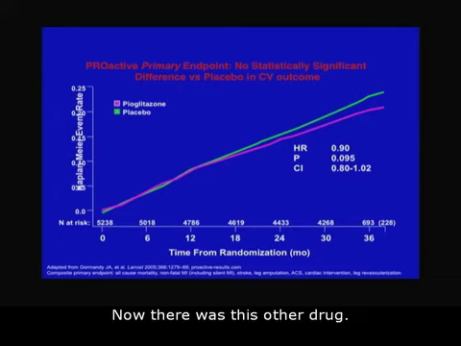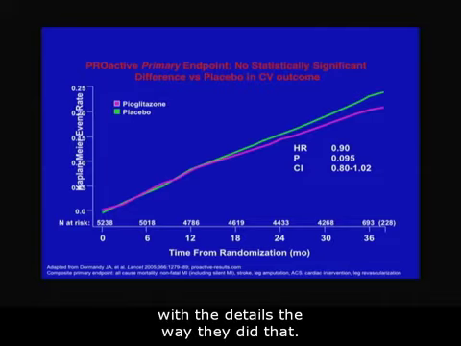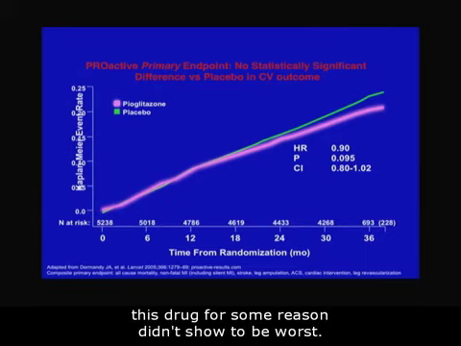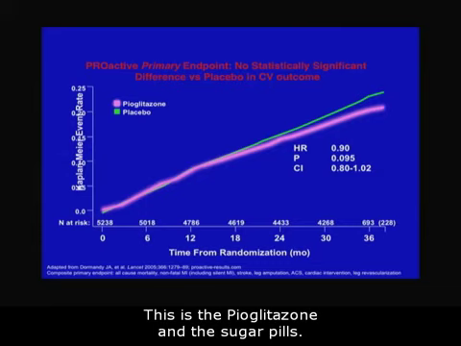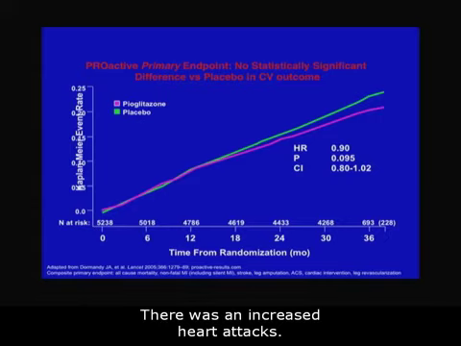Now, there was this other drug, pioglitazone, and interestingly, although they also tried to show that it was superior, and I won't bore you with the details of the way they did that, in general, this drug, for some reason, didn't show to be worse. So this is the pioglitazone, this is the sugar pills, and at least they weren't killing people with this drug. There wasn't increased heart attacks.